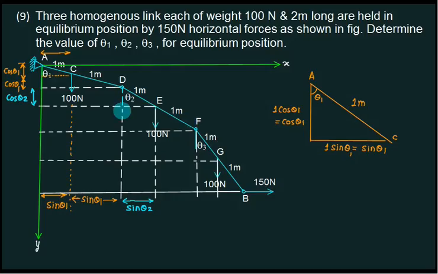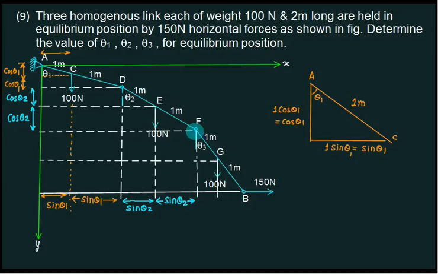So any angle made by a vertical line here, the same angle is made by a vertical line here also. Cos of theta 2, sin of theta 2. Now come to this FG triangle.